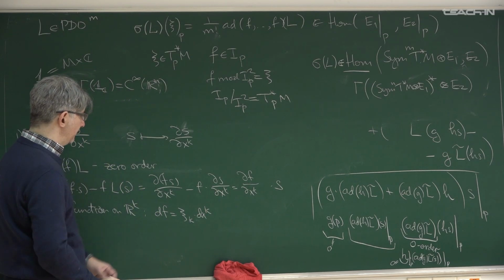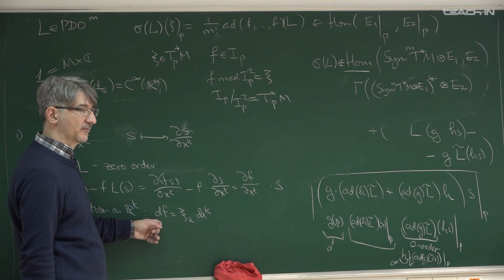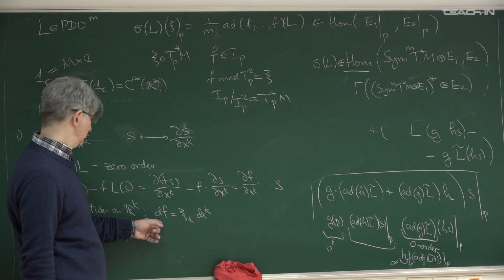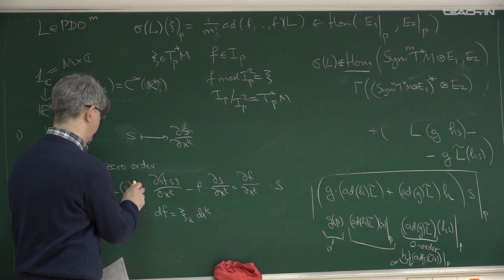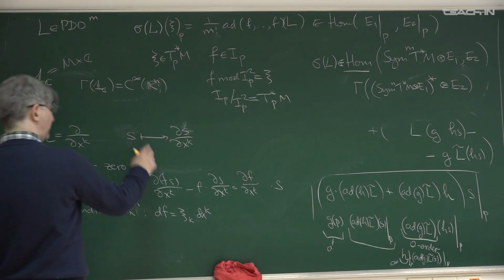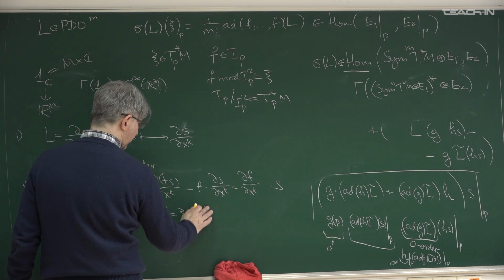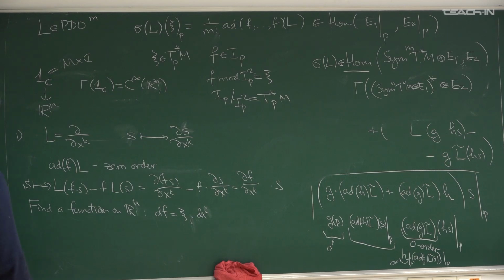So I represent the covector by the differential of some function. Okay, k is fixed, so let me write here i. Find the function such that this holds, and now you will calculate this.